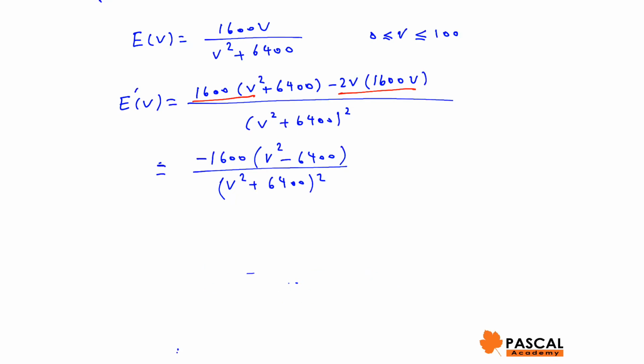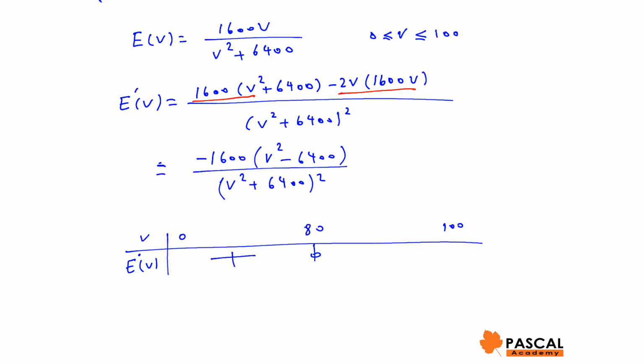E(V) is increasing when E prime of V is positive, and it is decreasing, which is part D of the question, when E prime of V is negative. If we draw the sign chart for E prime of V, we see between 0 and 80 it is positive, and between 80 and 100 it is negative.